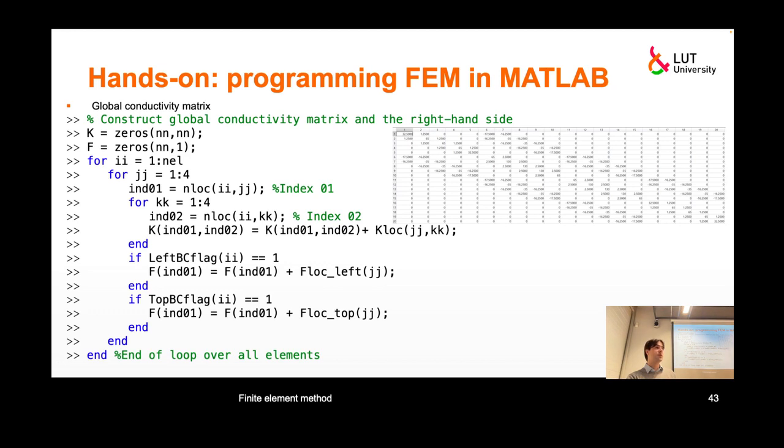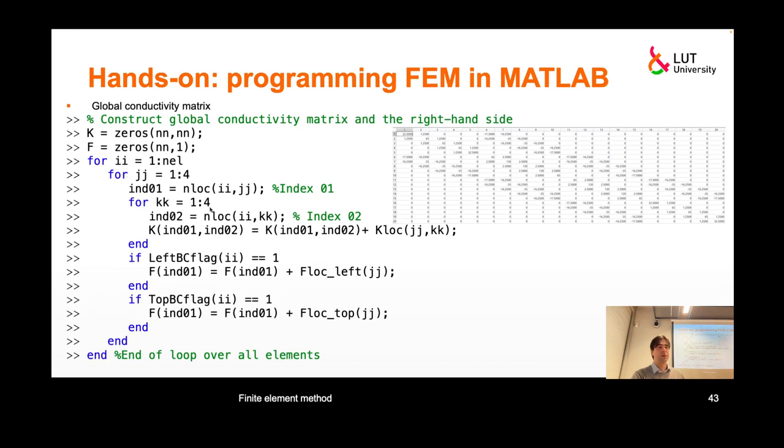What helps us to position is the matrix that I called unlock, our array, which is composed so that the row number is the number of the element, and the columns represent the nodes which belong to that particular element. So I will be using this matrix to position elements of local matrices inside of the global matrix. And for that, the outer loop is across all elements.